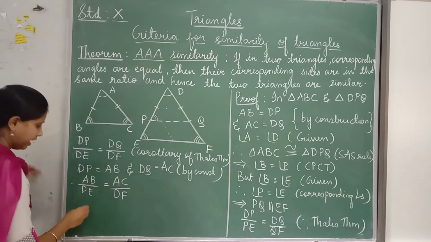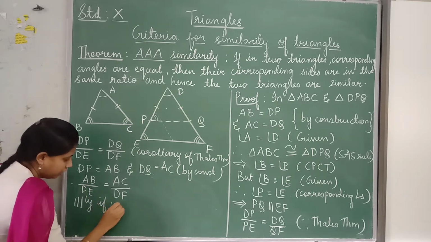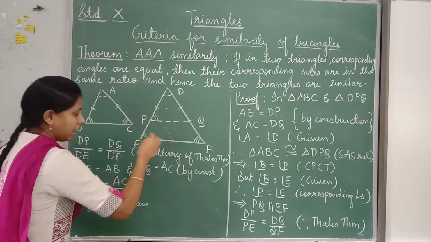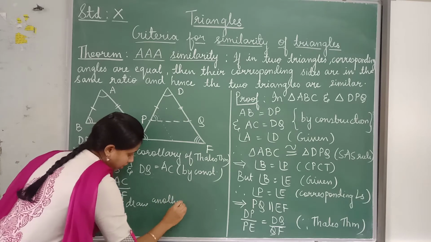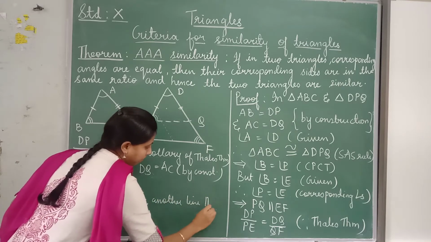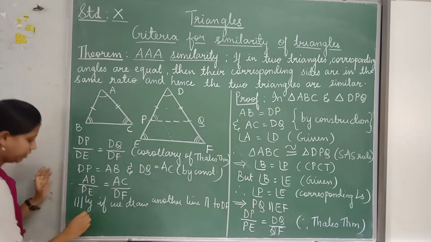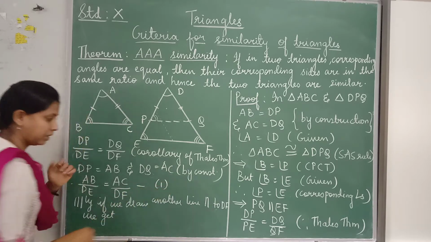So I will write similarly. If we draw another line parallel to DF we get, let us take this as equation 1.